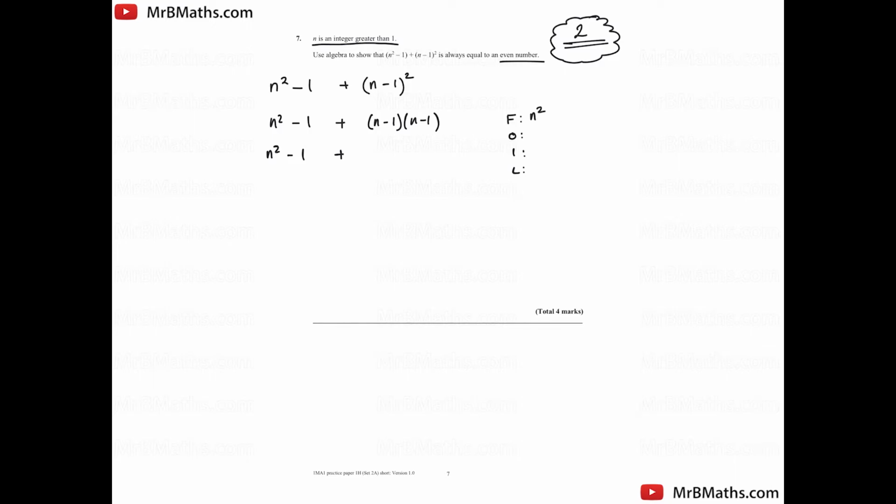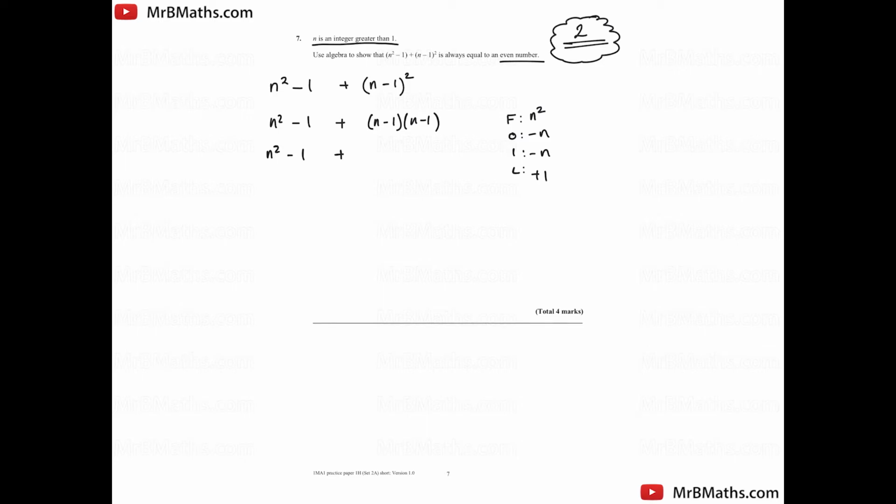The outside terms would be n times minus 1, which would give us minus n, or minus 1n. Then we have the inside, which is minus 1 times n, which again would give us minus n, or minus 1n. And the last, which would be minus 1 times minus 1, which would give us plus 1. Remembering that 2 minuses when times will give us a positive sign.